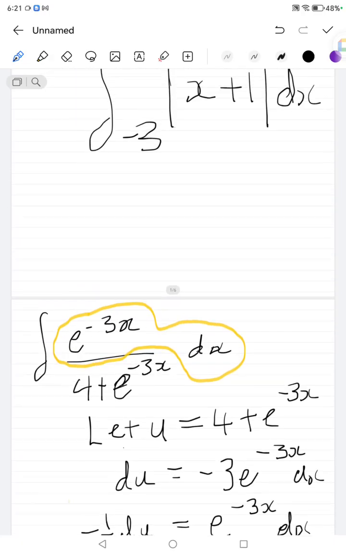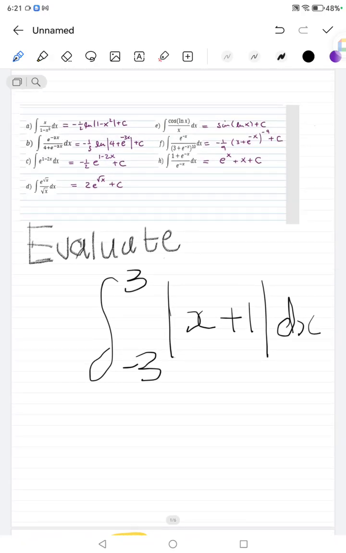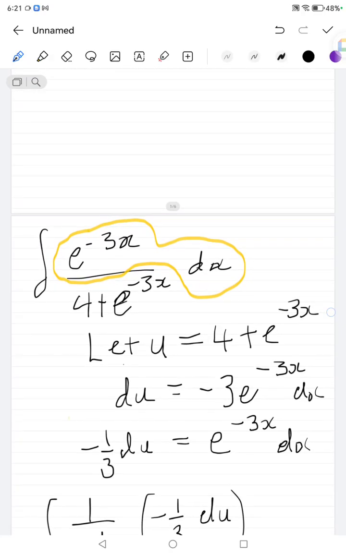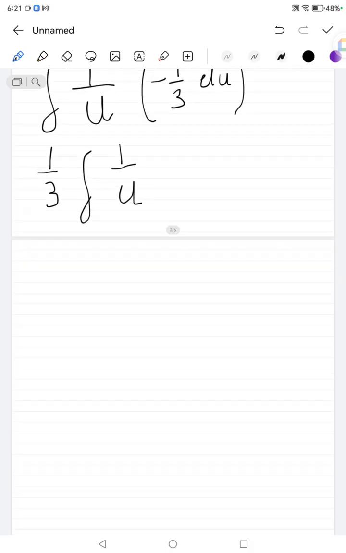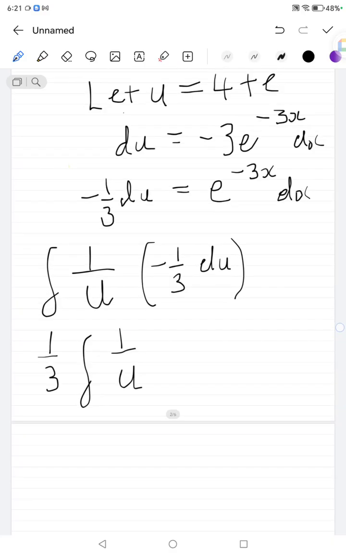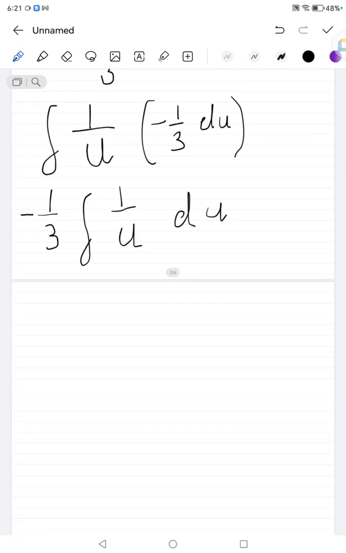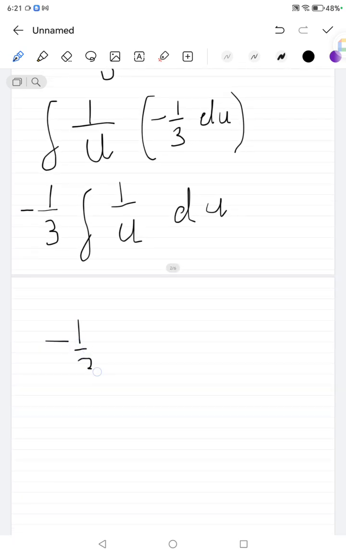It seems like these ones, you'll just be using the ln rule in most of them. So you have to make sure you go and check on the ln rule. Then, forgot the negative sign, it's minus, then du this side, then you have minus 1 over 3 ln of u plus c.